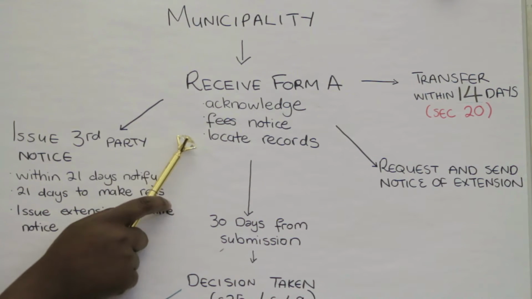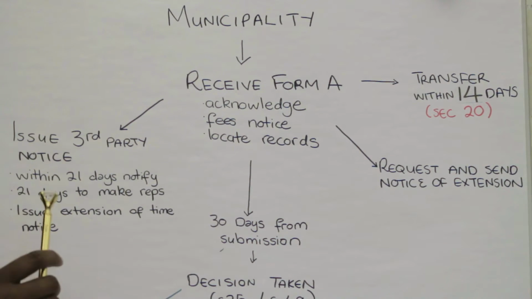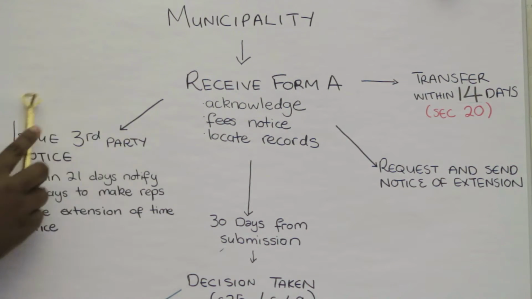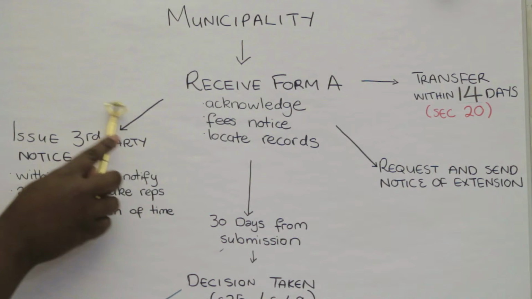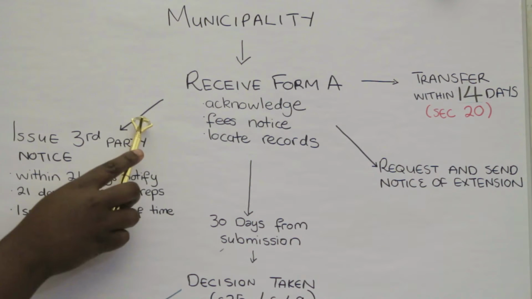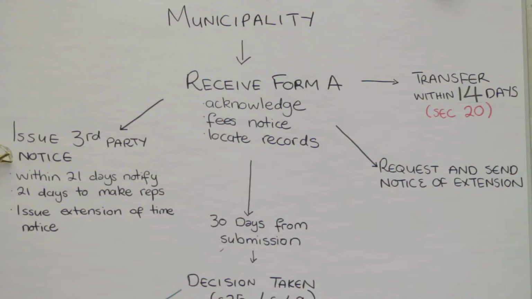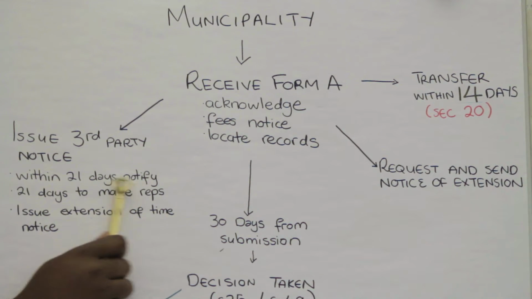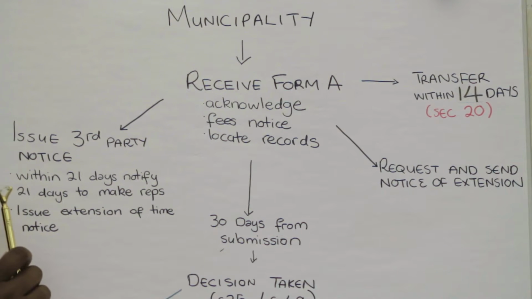If the information officer locates the records and determines that actually the information that is contained in the PAIA request affects a third party, then in terms of PAIA, they have a duty to issue a third-party notice. This third-party notice must be issued immediately as soon as the information officer realizes that third-party information is contained, but must be done within 21 days of receiving the PAIA request.